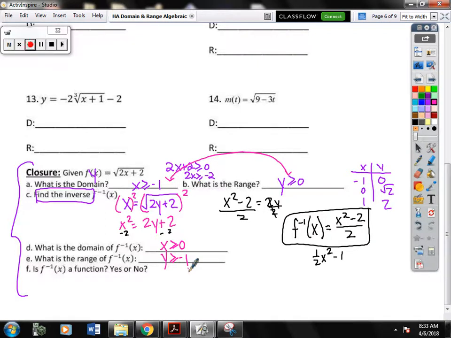Do not just think about this function on its own, because when you're doing an inverse problem, you do have to think of the original one. Okay? Since this was really only half of a square root, if you think of it on its own, it would give you a whole parabola. It's only actually half. And is this final equation a function? Yes.